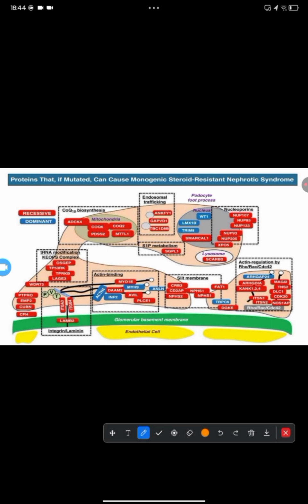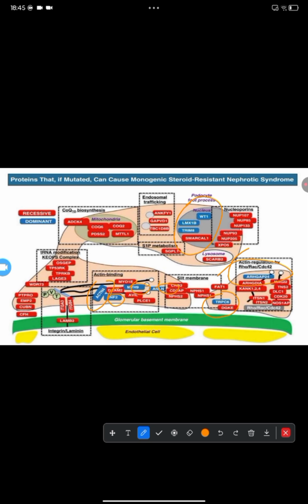For example, in the slit membrane we have TRPC6; in the actin-binding group, we have ACTN4, MYH9, INF2, and ANLN; and in the nuclear control, we have WT1, LMX1B, and TRIM8.